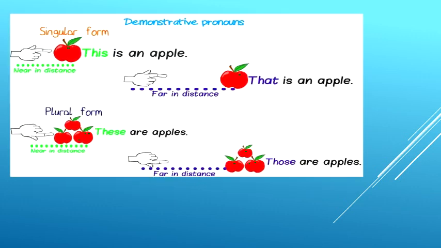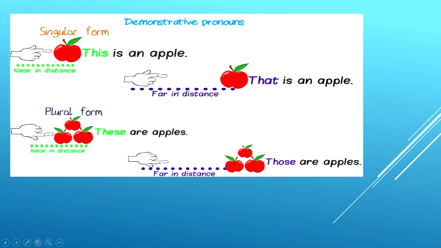Now, let us see what we do when our objects or our people are plural in number. How do we indicate them? Students, we have just learnt that objects placed at a distance near to the speaker are referred to with the demonstrative pronouns this or that. This is an apple if the distance is short.